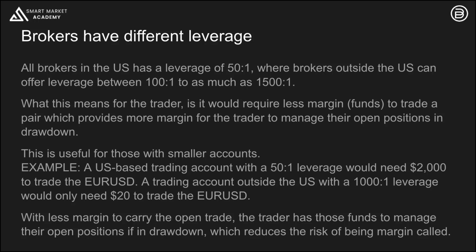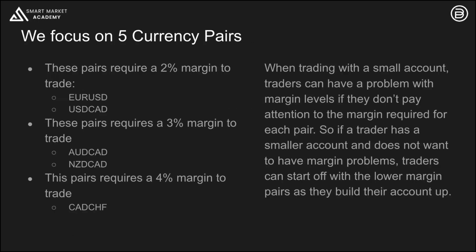For instance, if you've got a $5,000, or let's say a $10,000 trading account, and you want to be aggressive on your trading portfolio and trade 1 micro lot for every $1,000, then on the lower margin requirements, like the Euro US dollar and the US dollar CAD, you could trade with 0.1 lot.